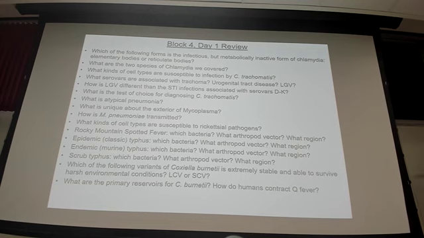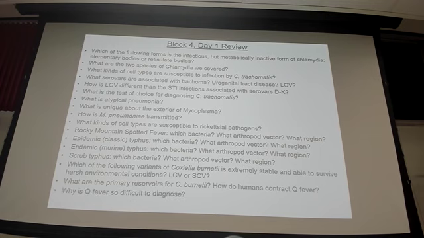How do we get this disease caused by Coxiella burnetii, called Q fever? We can inhale it from being around livestock. What's another route of transmission? Unpasteurized milk, drinking that. Another route of transmission? Ticks. Yeah, good.